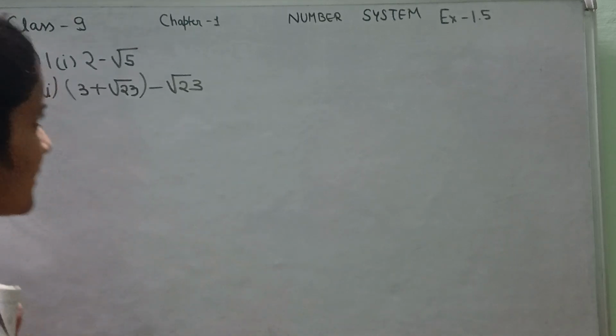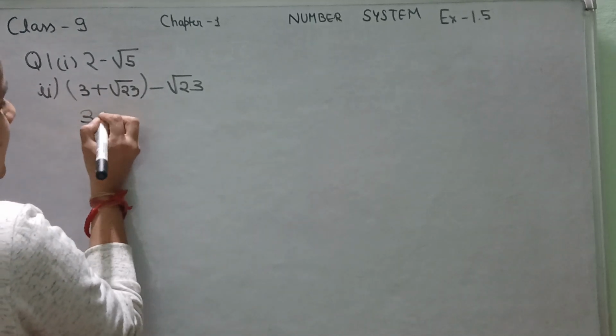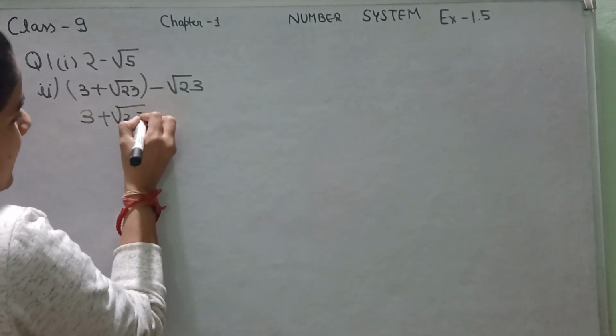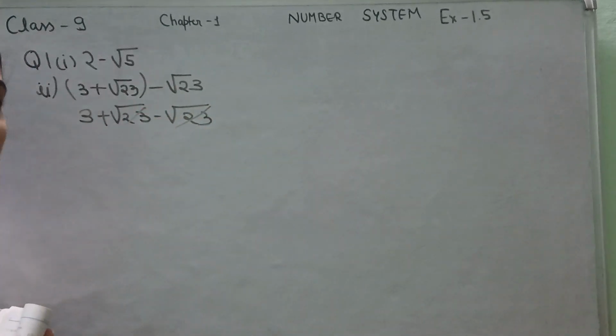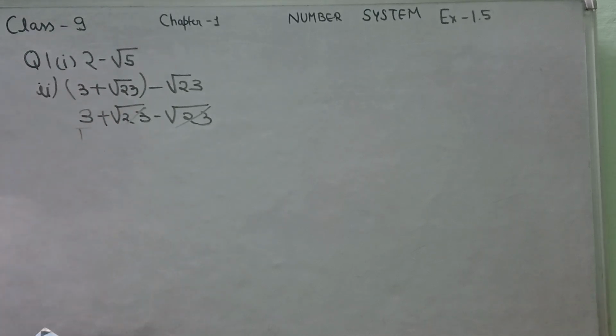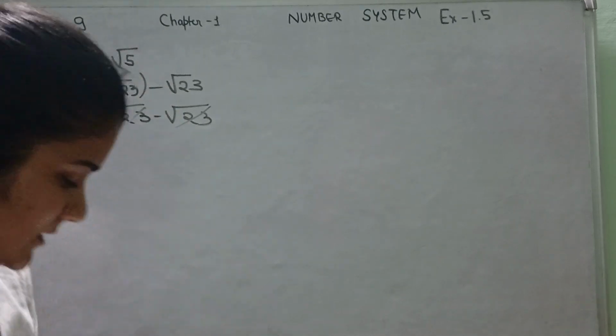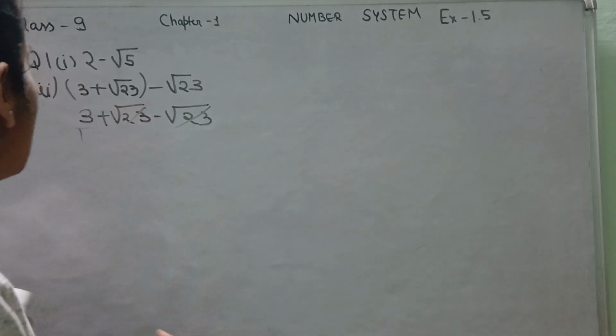But separately. We are asking about this whole. So we can expand it as 3 plus root 23 minus root 23. So this gets cancelled out. 3 is only left. So 3 is a rational number, as it can be represented as p upon q, where q is not equal to 0, and p and q are co-prime integers.